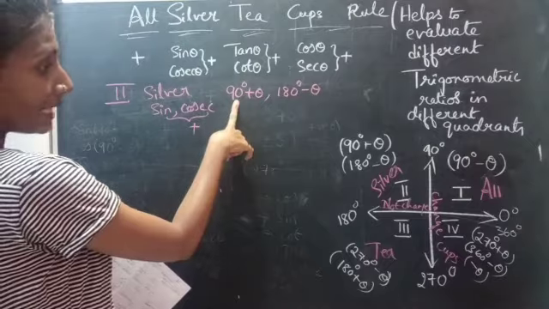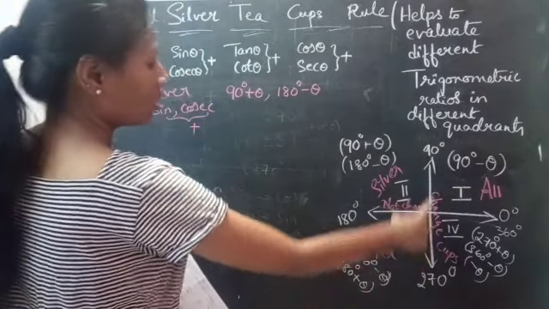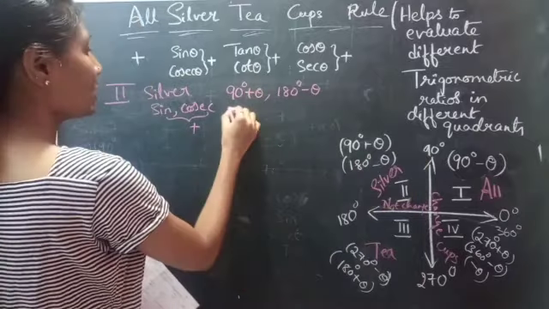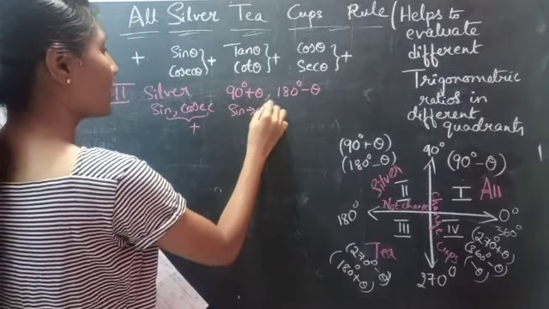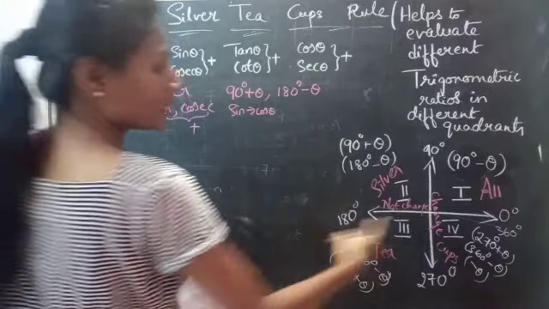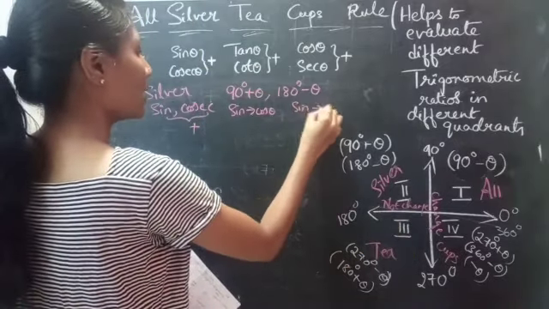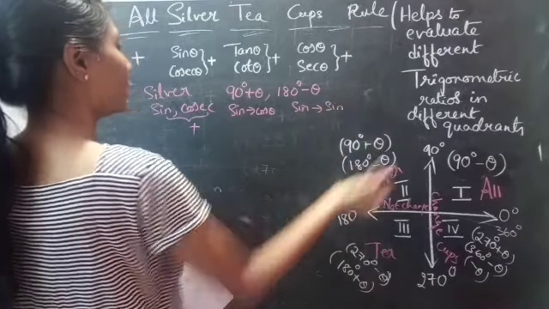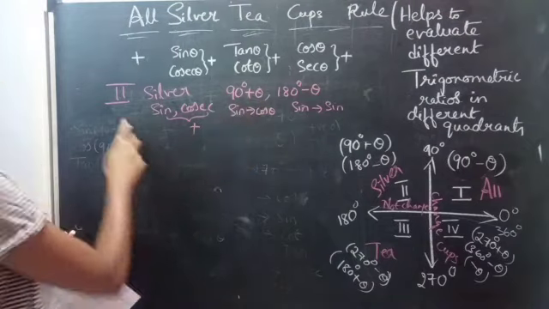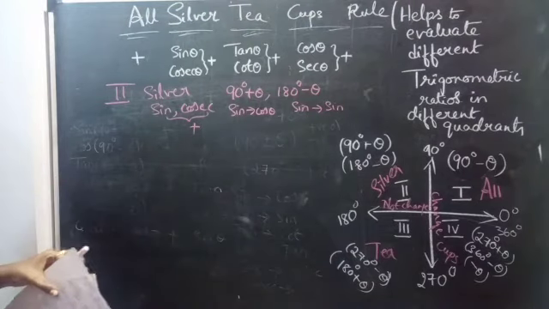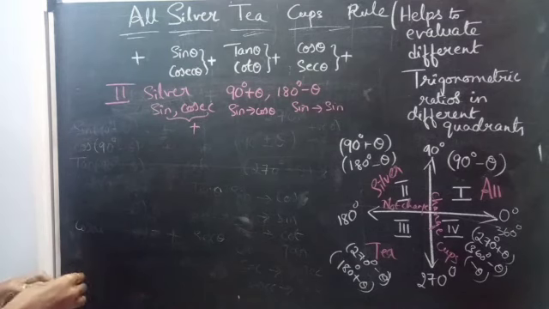In 90 and 270, functions will change, that is sine to cos, like that. And for 180 degrees, they do not change. So sine to sine, cos to cos, like that you'll get. And the signs, positive or negative, depend upon the quadrant rule.